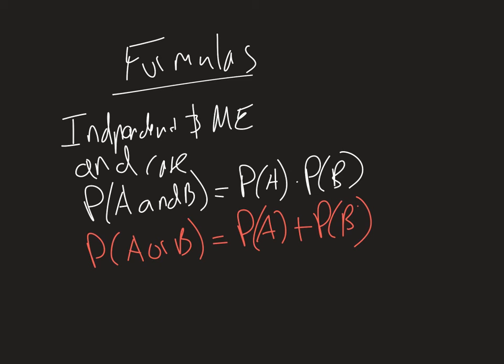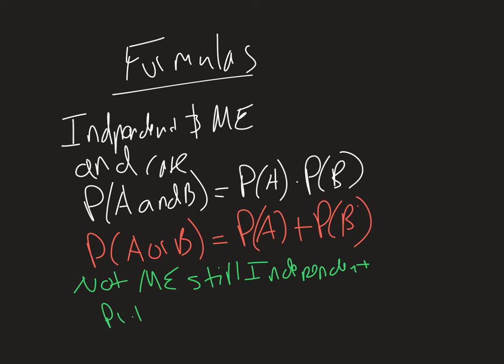So if we're looking at things that are not mutually exclusive, but still independent, then what we're looking at is the probability of A and B. It would still be the same thing.